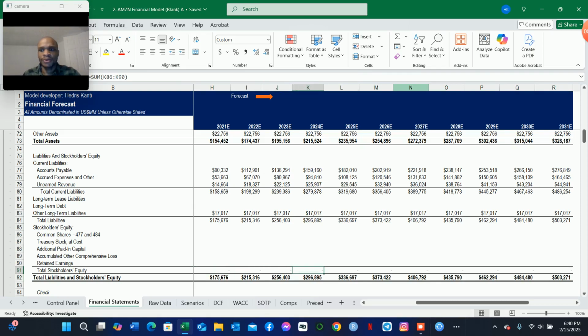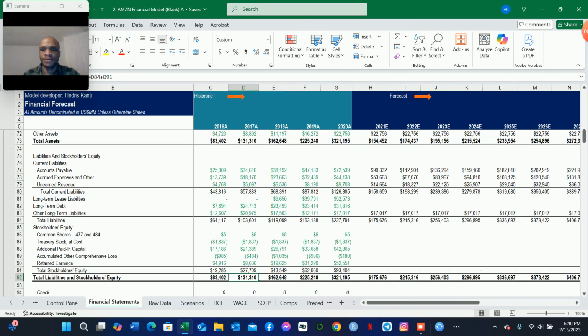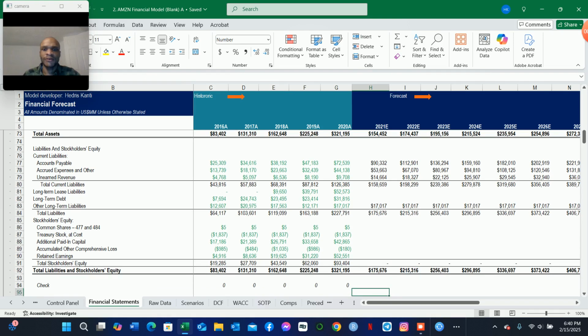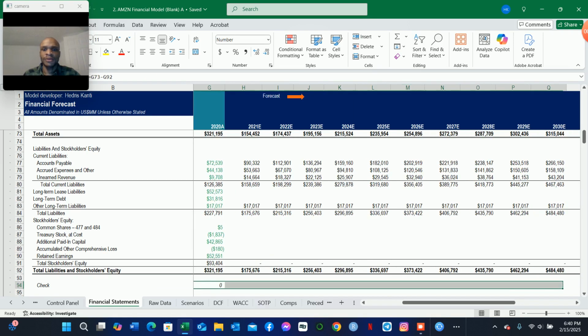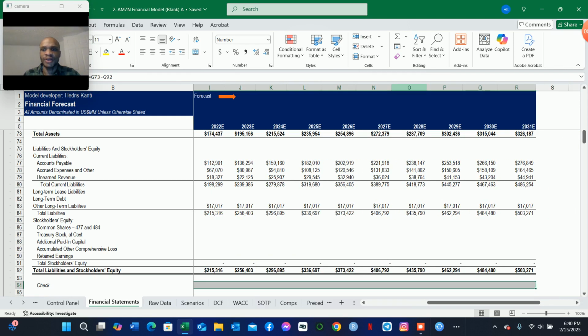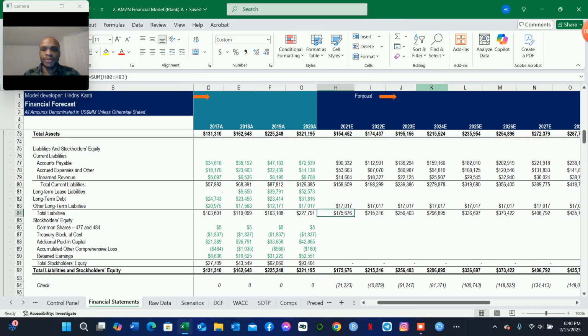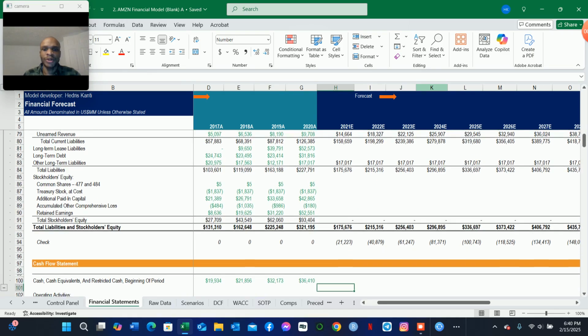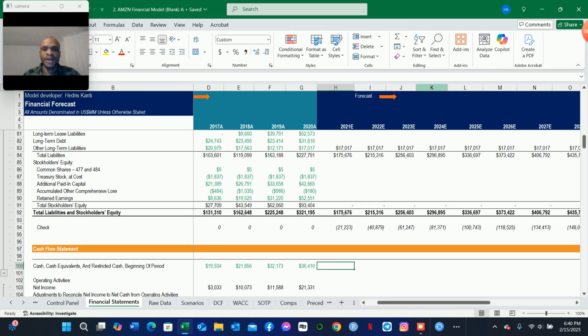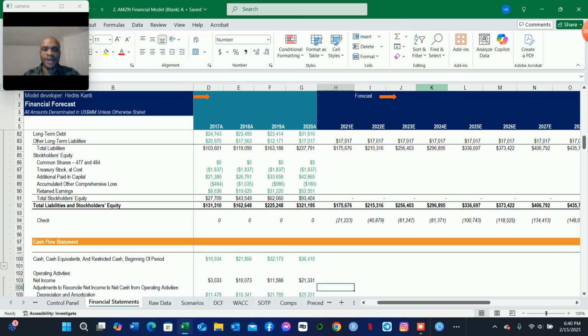So we have that in place there. For now, the balance sheet will not balance because we have all of these other items which we have to fill up when we are done with other parts of this model, such as the supporting schedules and the cash flow statement.